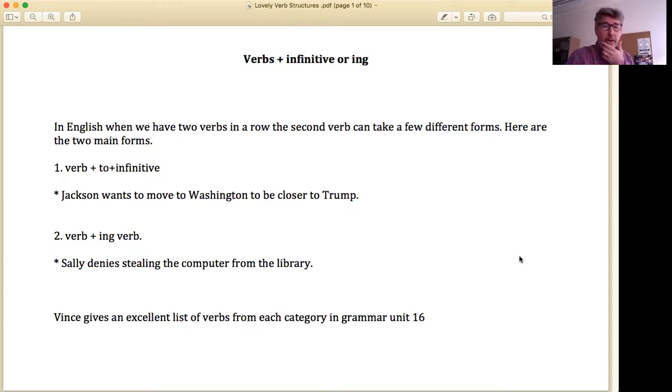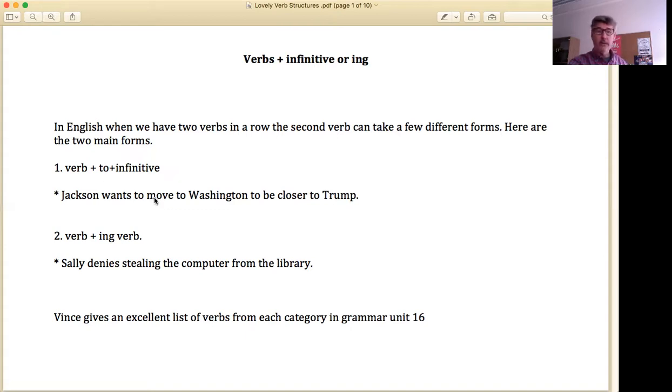So let's start here. What we want to discuss is when we have two verbs in a row in English, what is the form of that second verb? Is it going to be a to plus infinitive? For example, Jackson wants to move. Our second verb is move, and it's an infinitive.